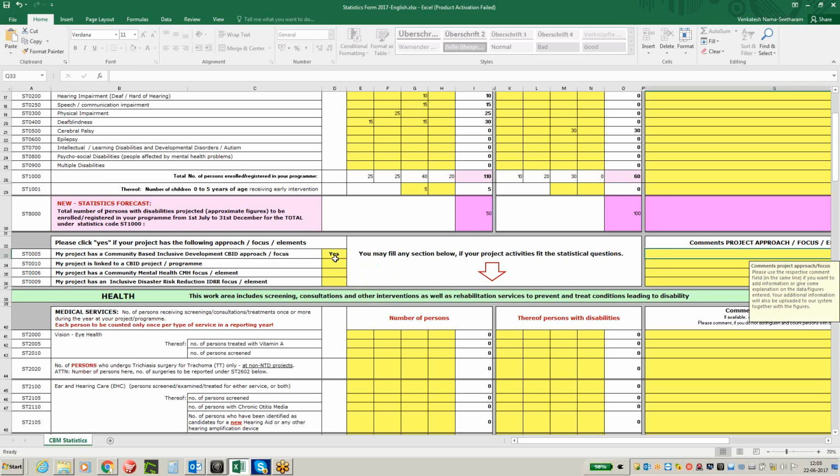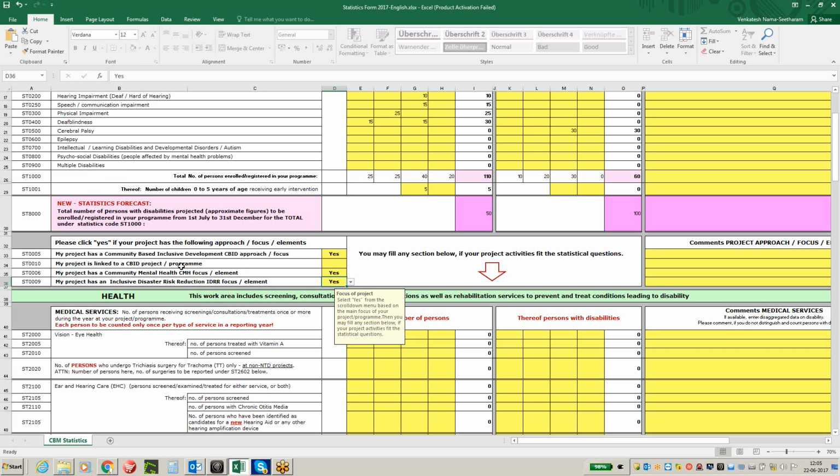Right? And if the project is also having mental health, they can click yes. And if the project is also into IDRR, then they can click yes. Right? This is just to know how many projects are doing CBID or are IDRR focused.